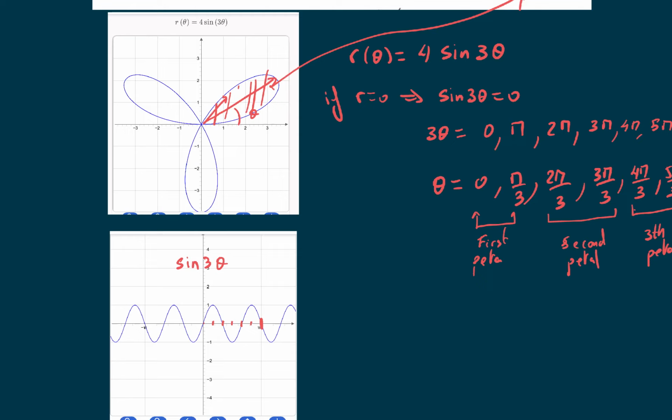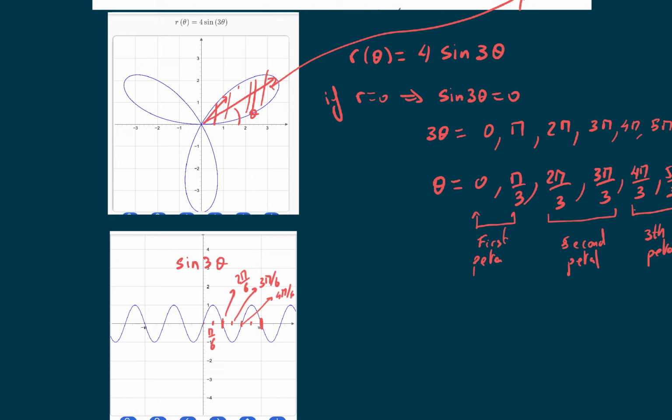So this is pi divided by 6. This is 2 pi divided by 6. This is 3 pi divided by 6. This is 4 pi divided by 6, etc.